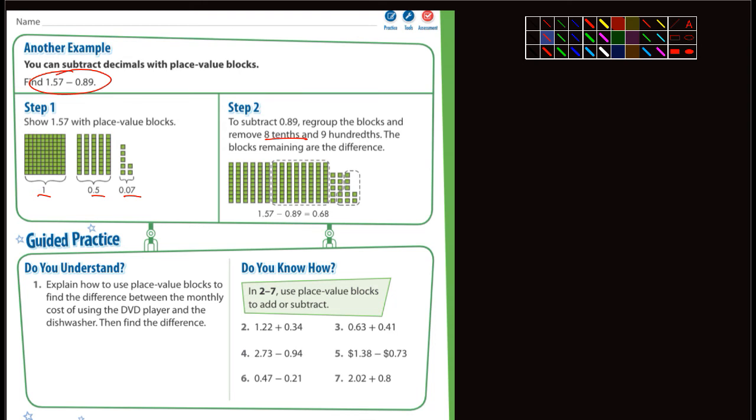So that's going to be 10 of these rows here, and 8 of those: 1, 2, 3, 4, 5, 6, 7, 8. And 9 hundredths, and that'd be these here: 1, 2, 3, 4, 5, 6, 7, 8, 9. And these here equal 1 of the tenths.